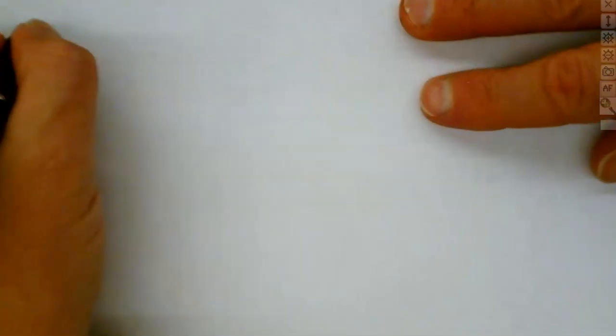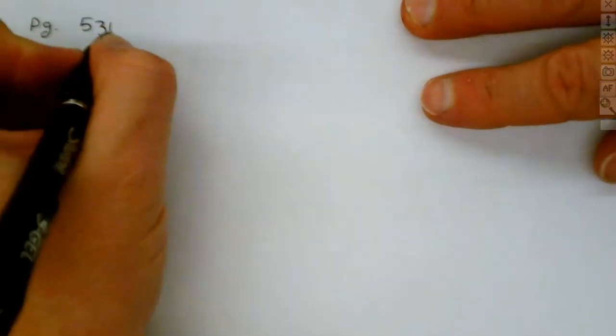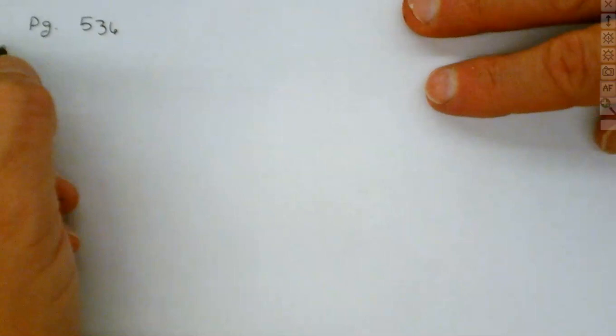So let's look at one more using substitution. It doesn't matter which one I pick. Let's look at question 15. Again, page 536. We're going to look at question 15.